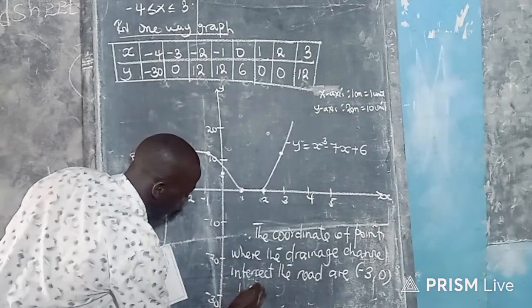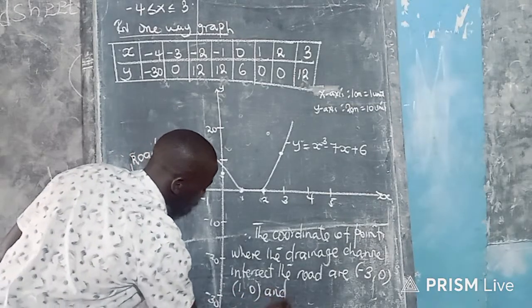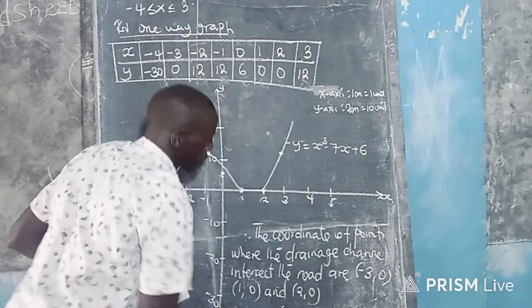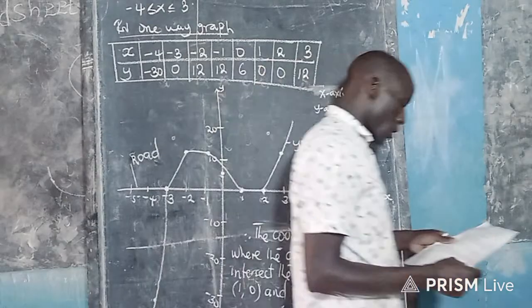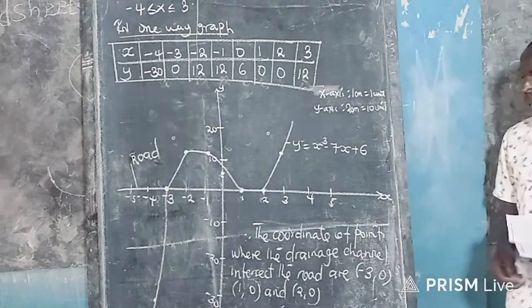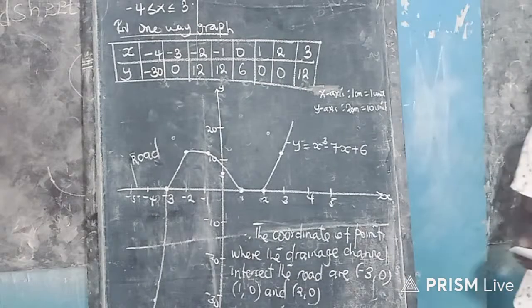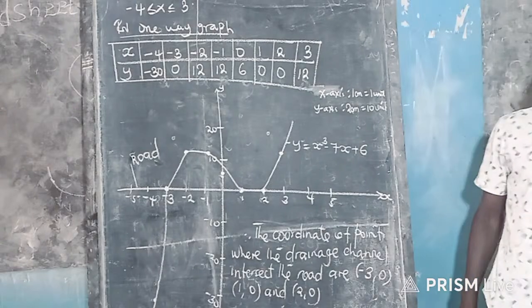The second one is 1, 0, and the third is 2, 0. That is concerning paragraph 1.